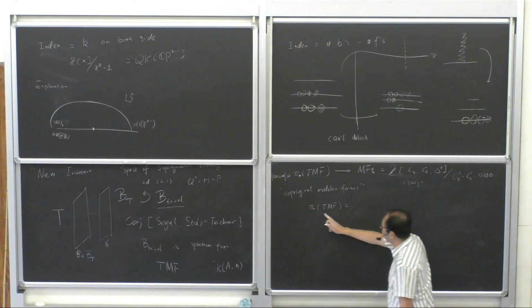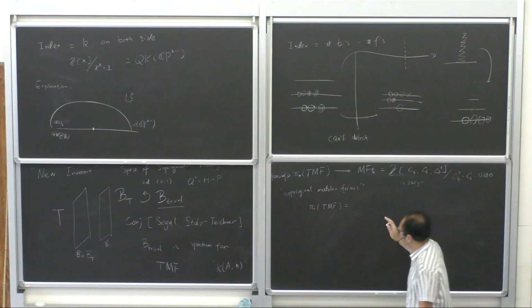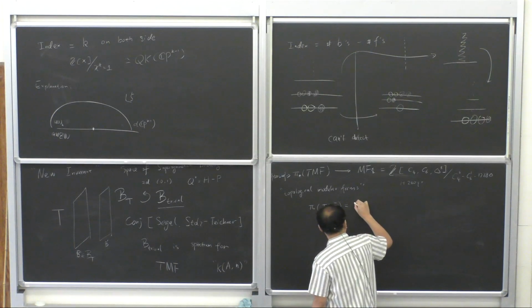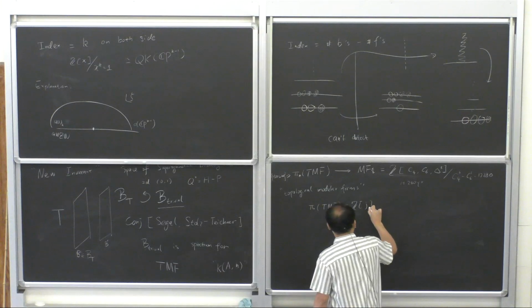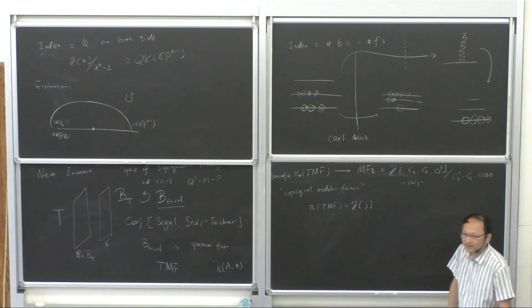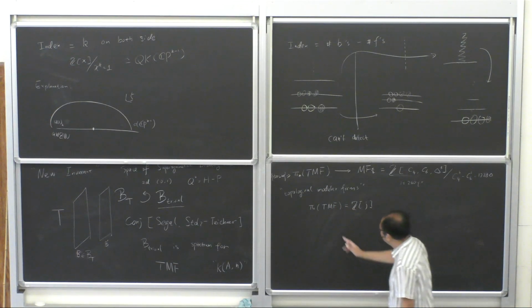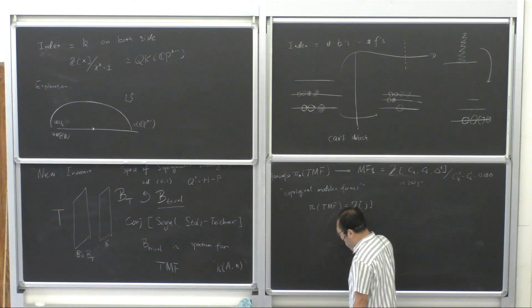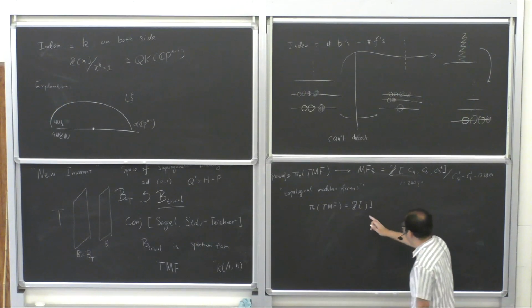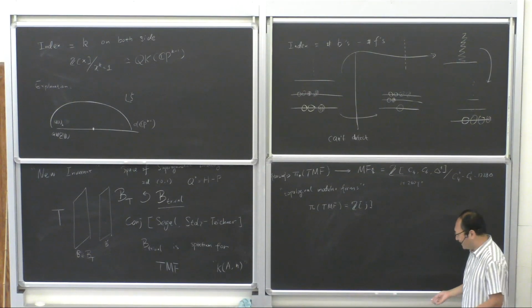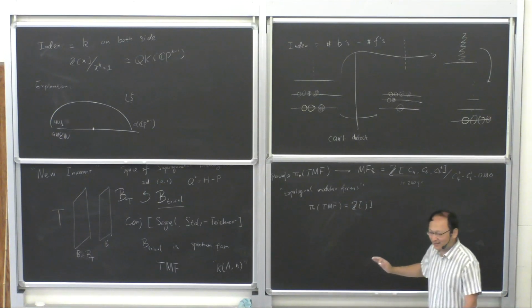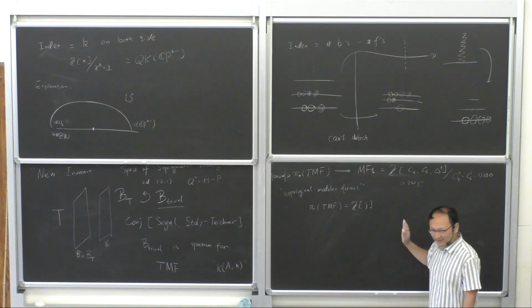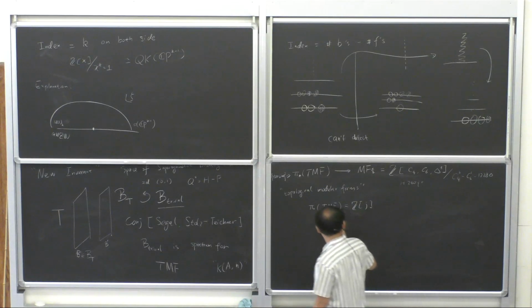At degree 0, it's actually an isomorphism. This is just polynomials in J. What this is telling you is that any polynomial in J is the partition function of a 2D supersymmetric theory. So that's good.